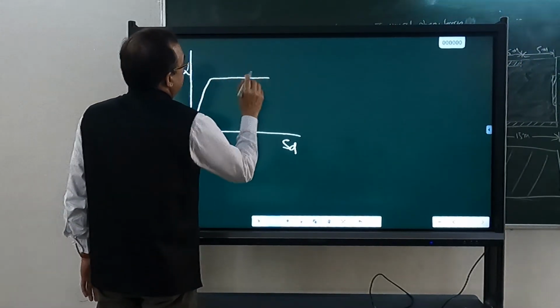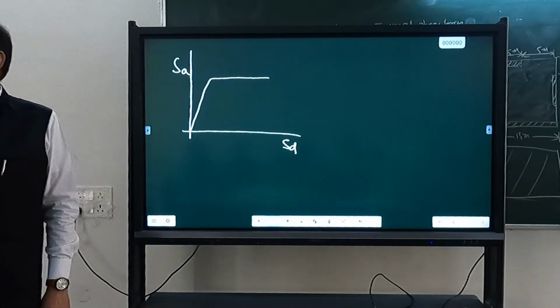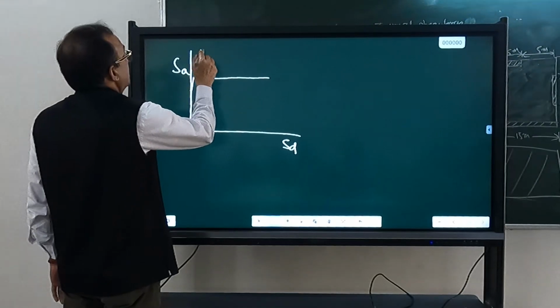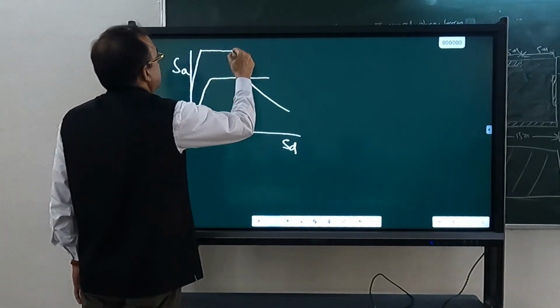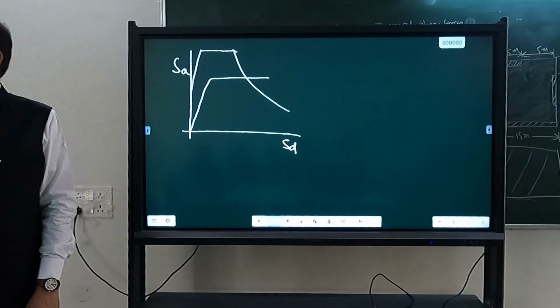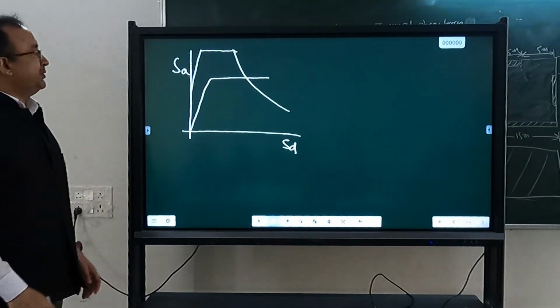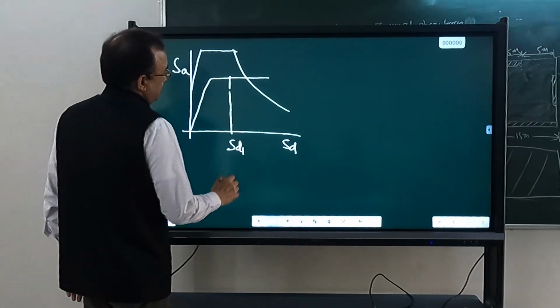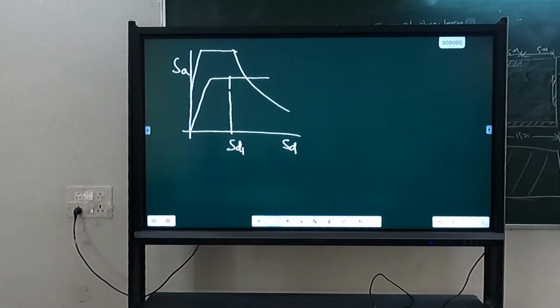Let us say this is my bilinearized capacity curve, and this is my demand. What I will do, I will assume some trial displacement, let us say SDO. I assume that this is the displacement which is going to occur in my structure.